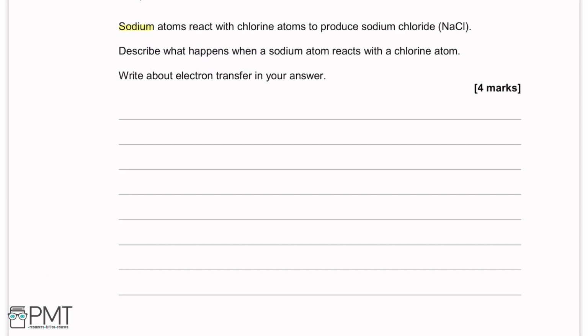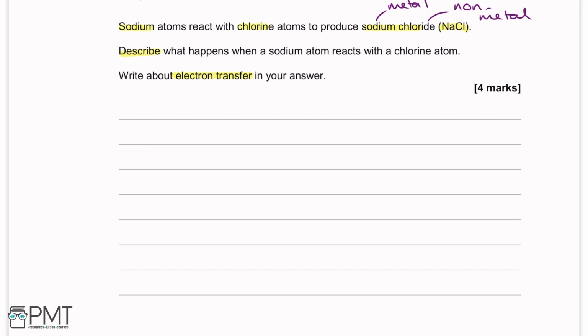Sodium atoms react with chlorine atoms to produce sodium chloride, NaCl. Describe what happens when a sodium atom reacts with a chlorine atom. Write about electron transfer in your answer. So, sodium is a metal and chlorine is a non-metal.